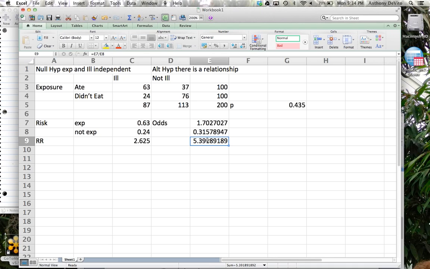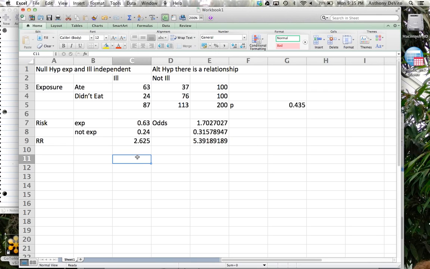This might have a wider confidence interval than this. Again, though, the expected value for this is 1. We expect there to be no difference between the odds for people that ate tuna salad versus people that didn't eat tuna salad, right? So our expected value is 1, but the real decision making is going to be based on what the confidence interval is. That's our odds ratio. This is our relative risk.